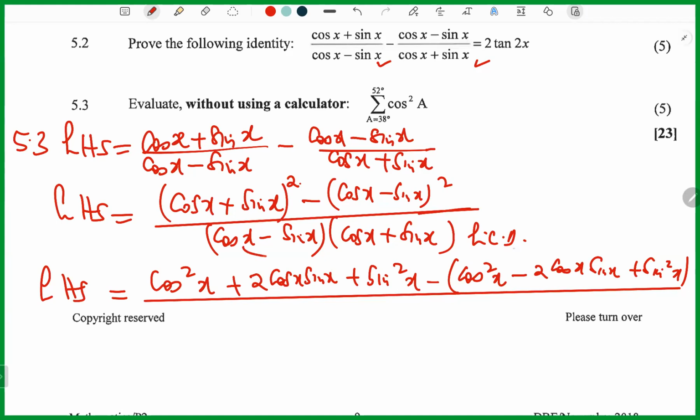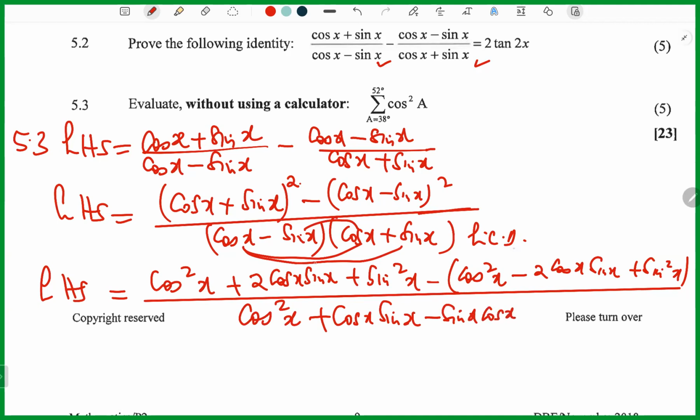Cosine times cosine becomes cosine squared x, and then cosine times sine becomes cosine x sine x, sine times cosine becomes minus sine x cosine x, and then sine times sine becomes minus sine squared x.